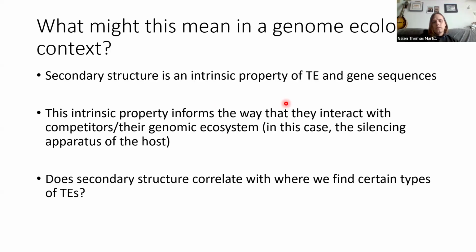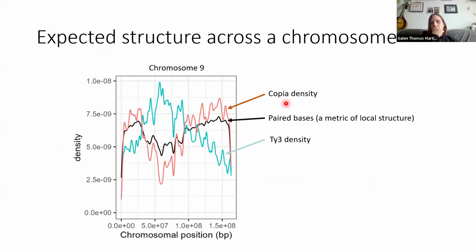So one of the things that I've done recently is look at how differently structured transposable elements relate to differences in structure across the genome. This type of analysis is really difficult to interpret, as a lot of you who do genomics in maize know.